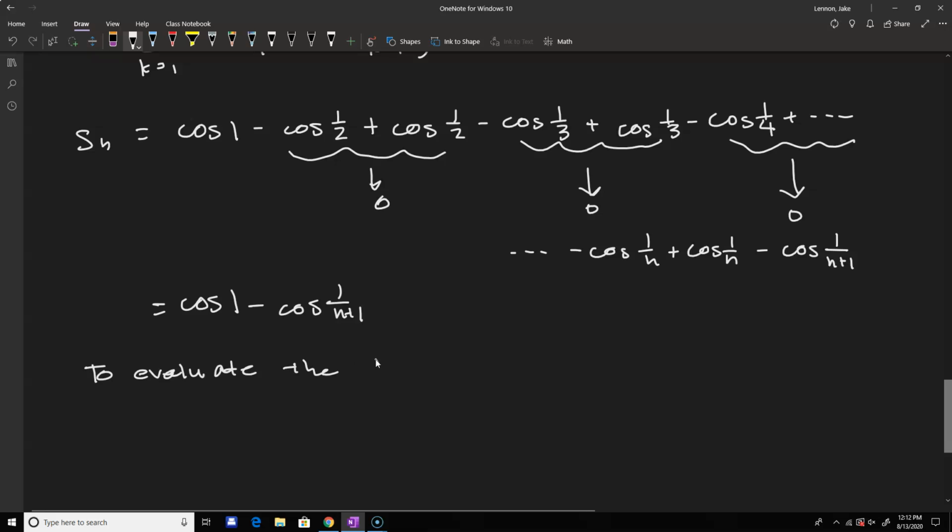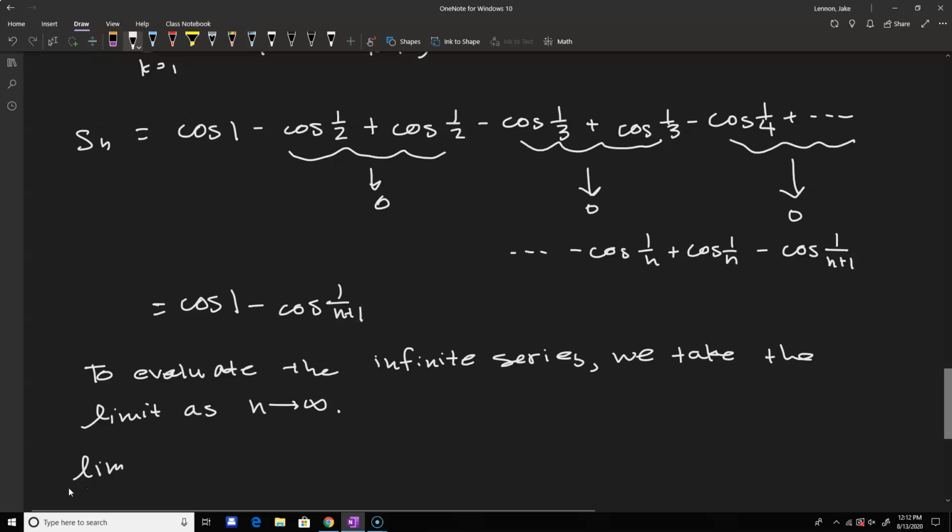So to evaluate the infinite series, we take the limit as n goes to infinity. The limit as n goes to infinity of S sub n turns out to be the limit as n goes to infinity of cosine of 1 minus the cosine of 1 over n plus 1.